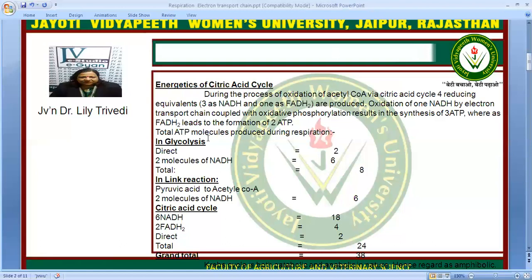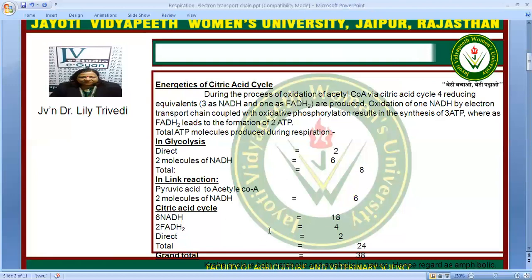Here in glycolysis, total 8 molecules are produced, 2 molecules of NADH and 2 direct ATP. Now in the linked reaction, we have 6 ATPs through 2 molecules of NADH.